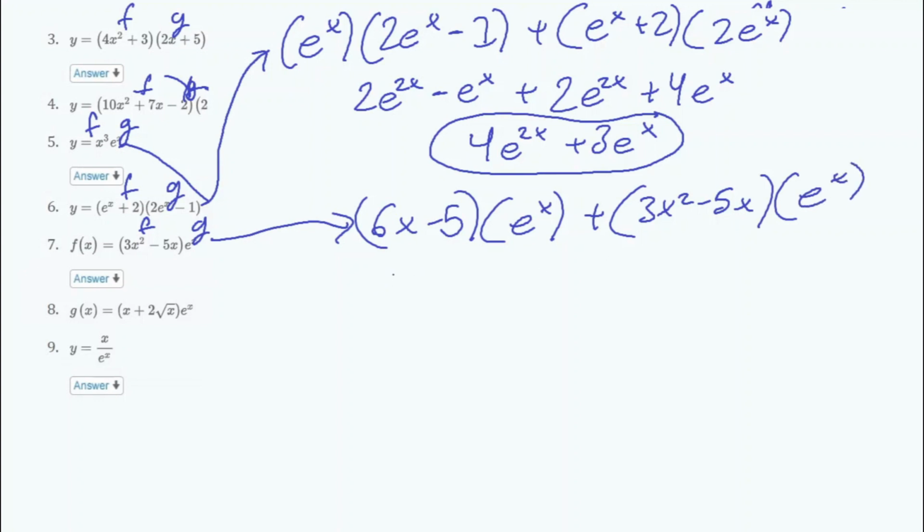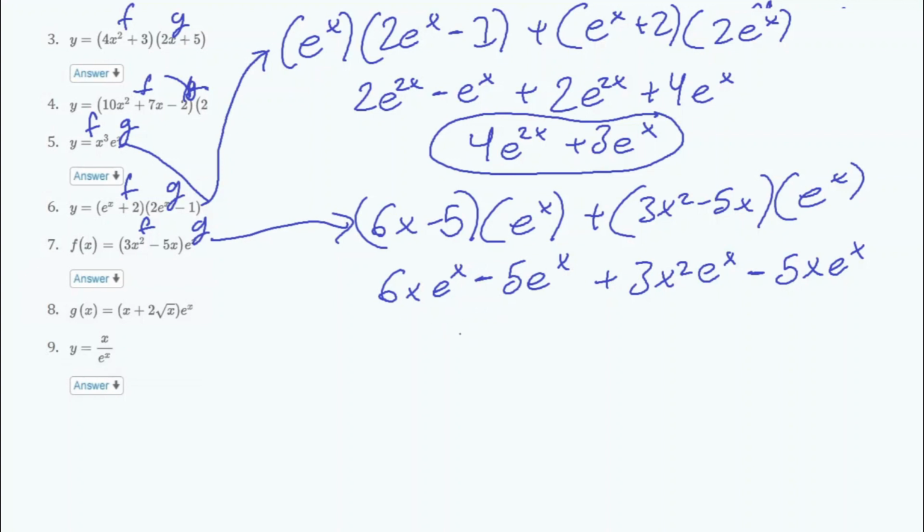And if we multiply all that out, we're going to have 6x e^x minus 5e^x, and that's going to be added on to 3x squared e^x minus 5x e^x. And we could actually combine like terms here.